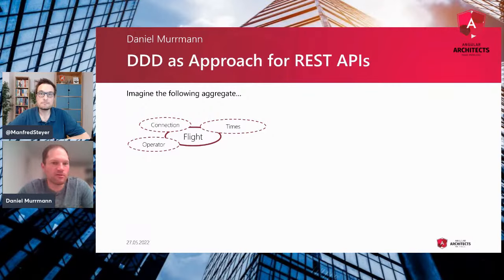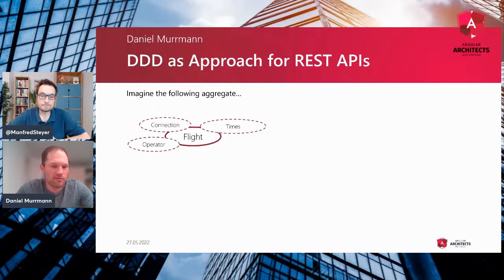This means I have to change both properties, takeoff and arrival, at the same time. And this means they have a stronger coupling than, let's say, the takeoff time and the destination location. This is something different. And this is the idea from DDD with the entity and the value objects.